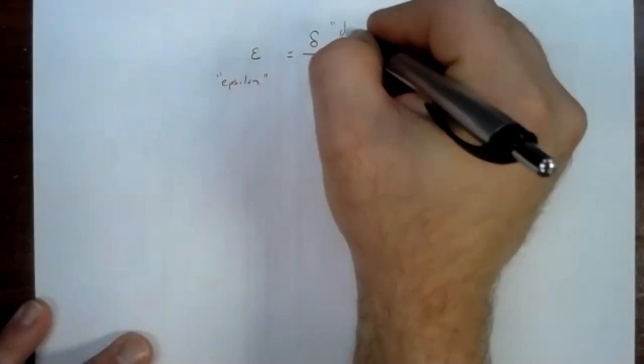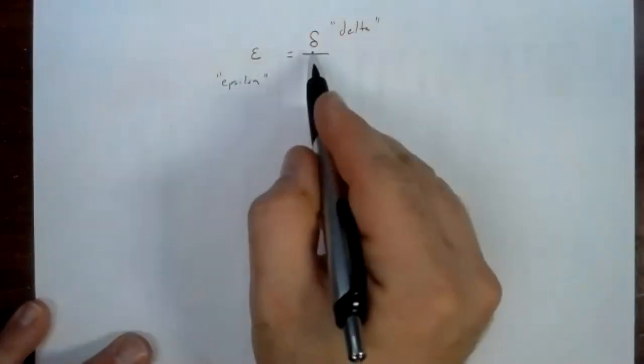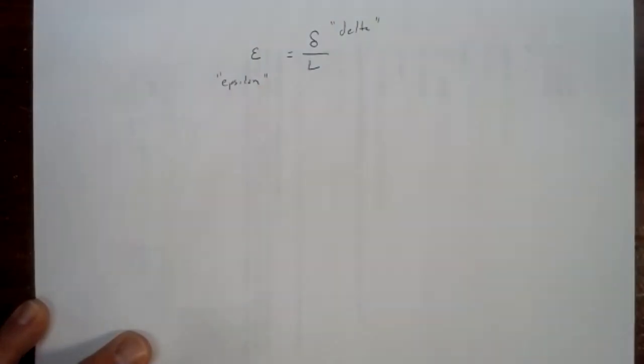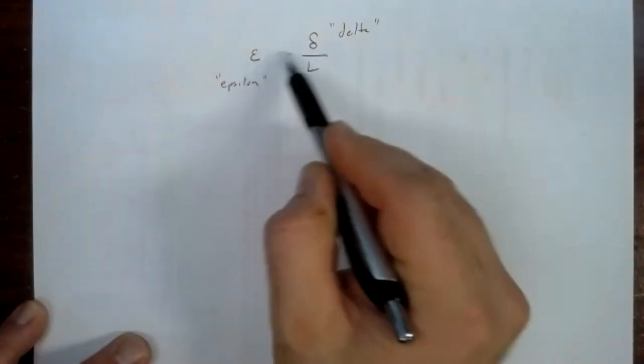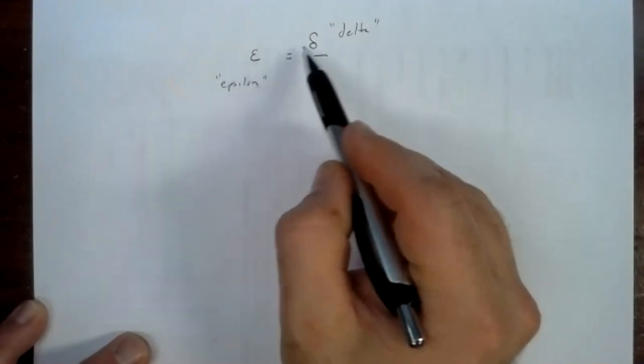This one up here is delta. In math, epsilon and delta are used very frequently to represent small quantities. For those of you who might have studied a little bit of calculus, you might have become familiar with epsilons and deltas. And they're used here for that same kind of reason. These tend to be very small values.